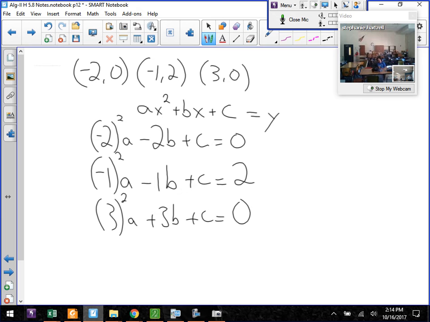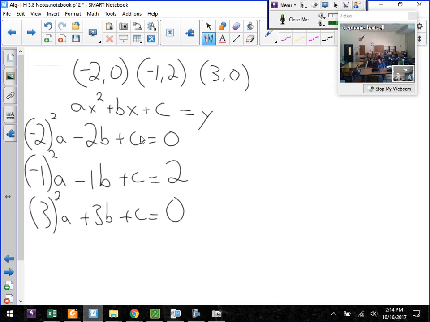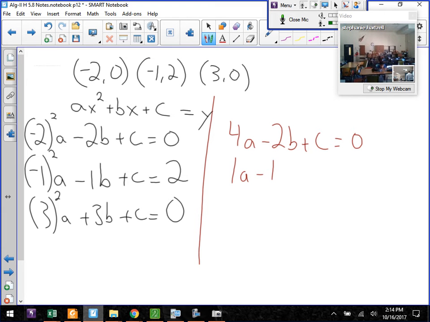Okay. So in this case here, move this over a bit. I'm going to get the simplified version, if you will, of 4a minus 2b plus c is 0. 1a minus 1b plus c is 2. 9a plus 3b plus c is 0.